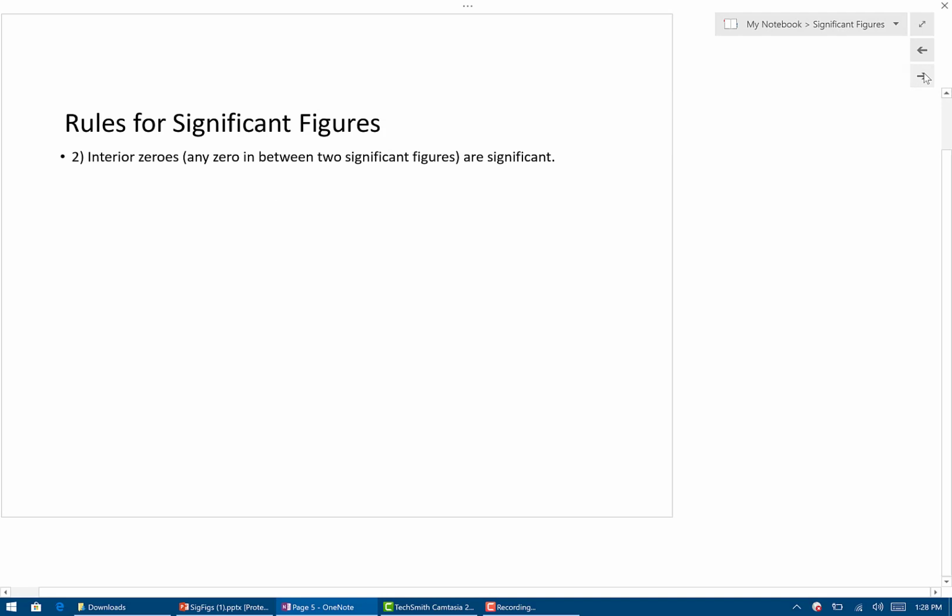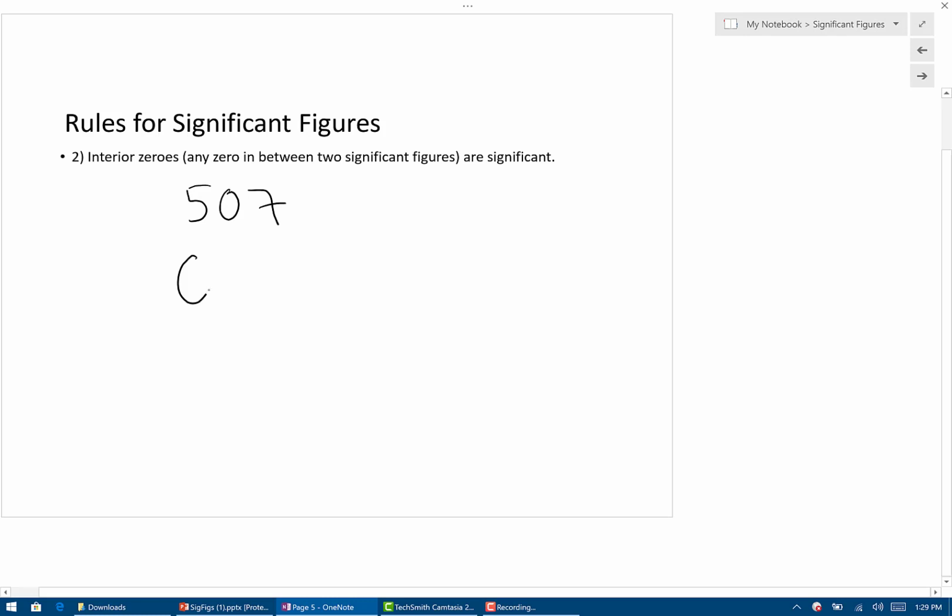Rule 2 says that interior zeros are significant. So that means any zero that's in between two significant figures is significant. So like if you had a number like 507, now you have a 0, but it's between the 5 and the 7. So that 0 is also significant. So again, here you have three significant figures.